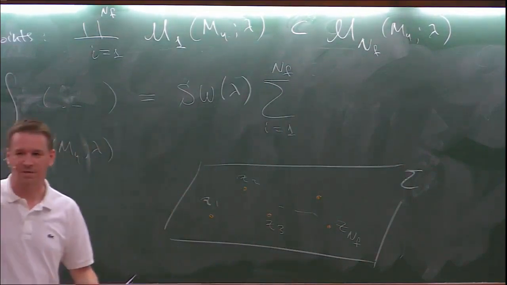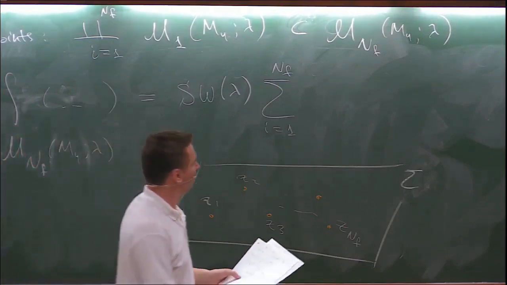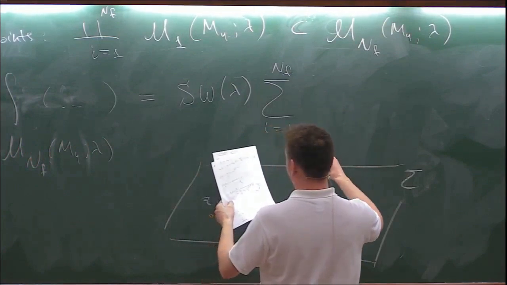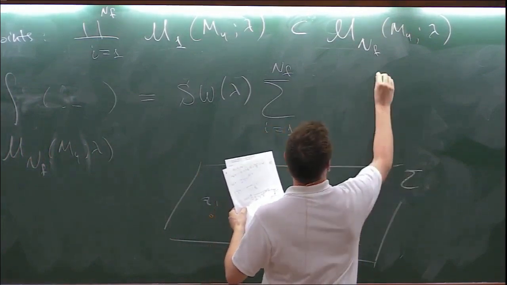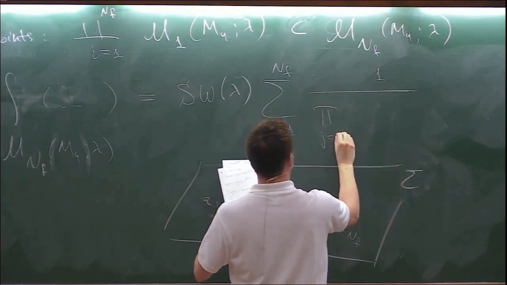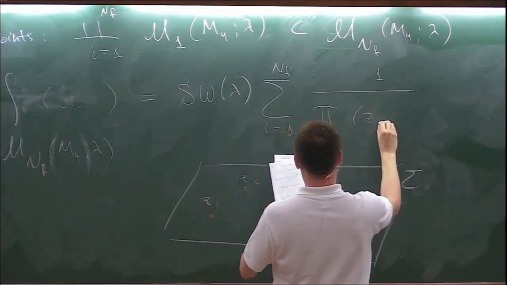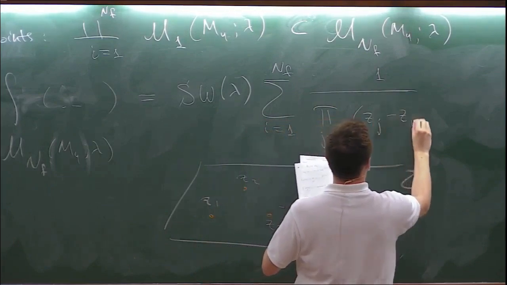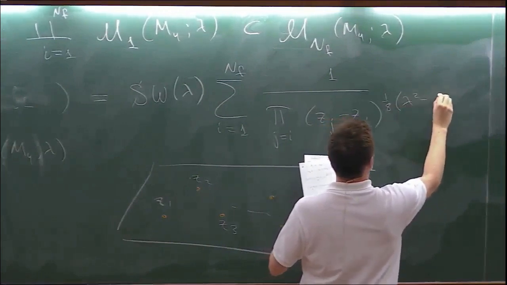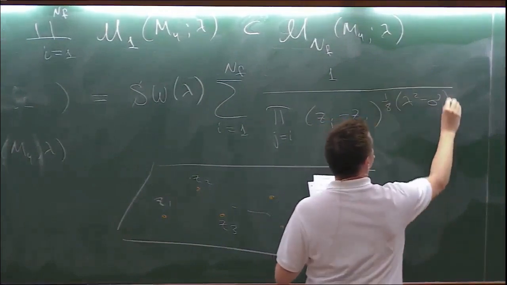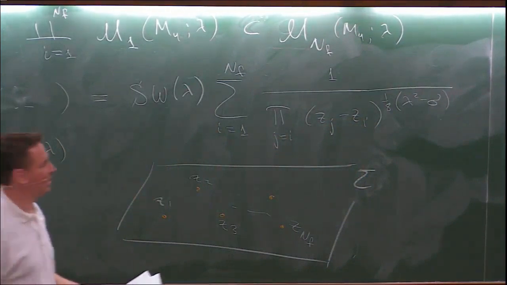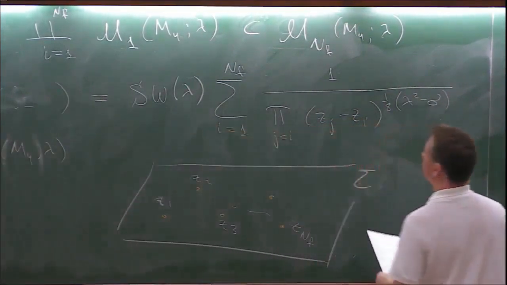precisely that you would find from this compactification of this theory on a four manifold from 6 dimensions, and the answer has the following form. It's 1 over the product over j not equal to i in the denominator, (z_j minus z_i) to the power 1/8 (lambda squared minus sigma), where lambda is our 2 class, the first Chern class of the bundle. Sigma is the signature of the four manifold.